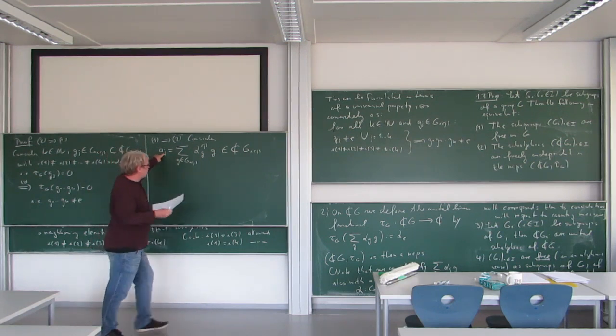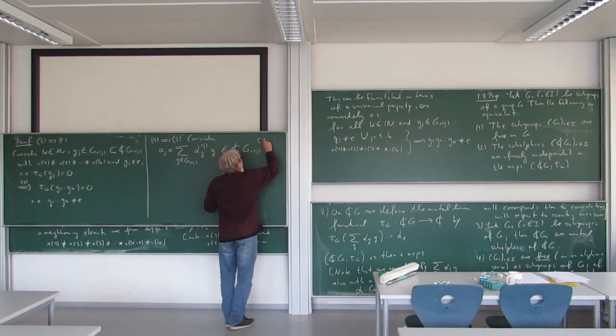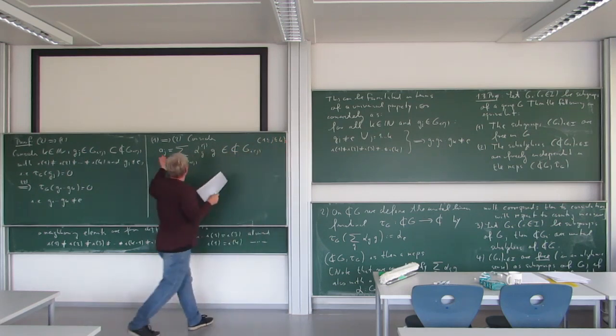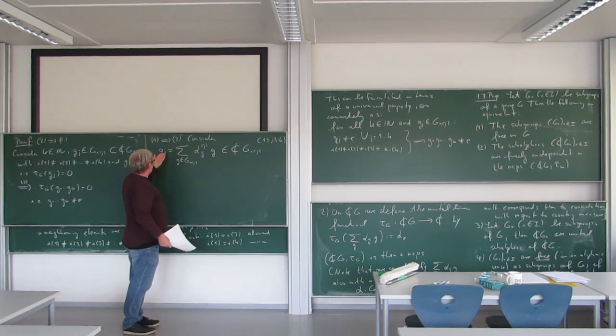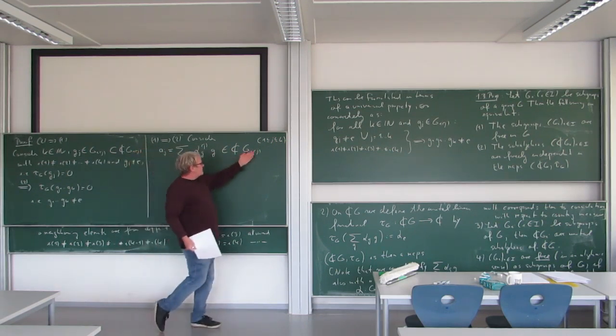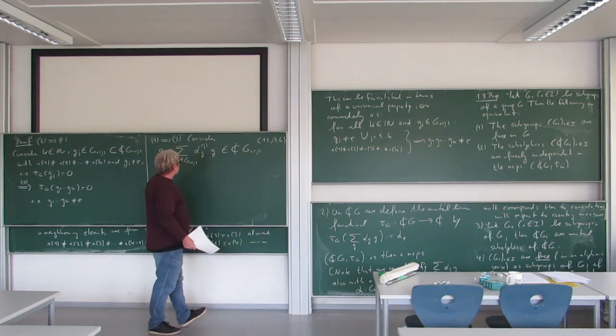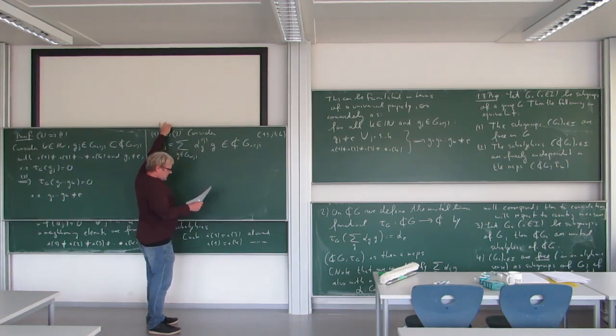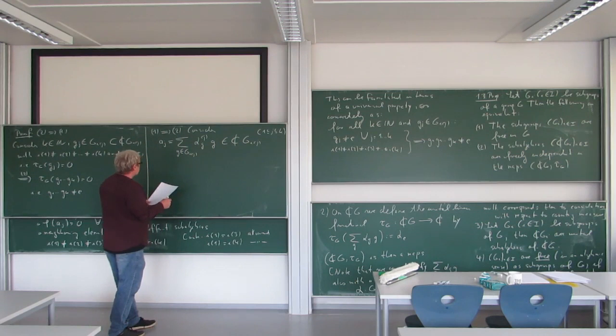I want to multiply k elements. And those elements are of this form. The j-th element is coming from the i_j group algebra, so it can be written as a linear combination of elements here. And what are the conditions on these elements?